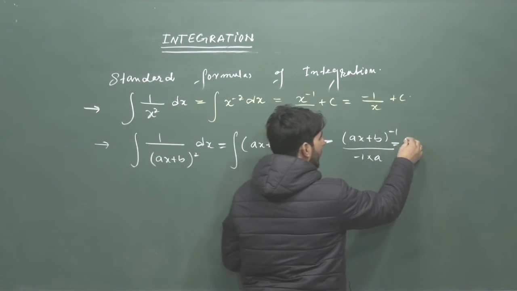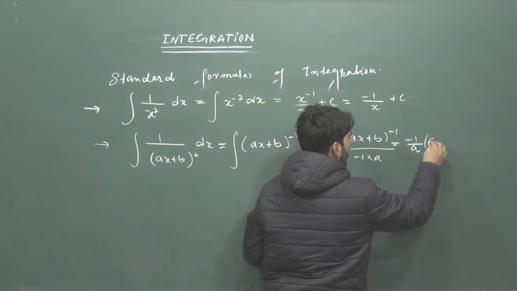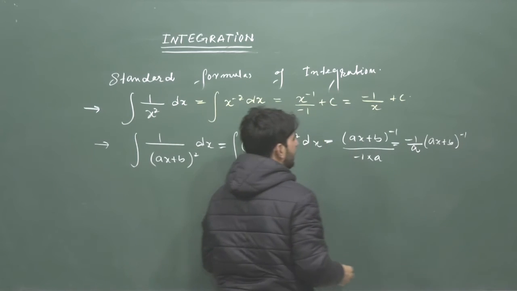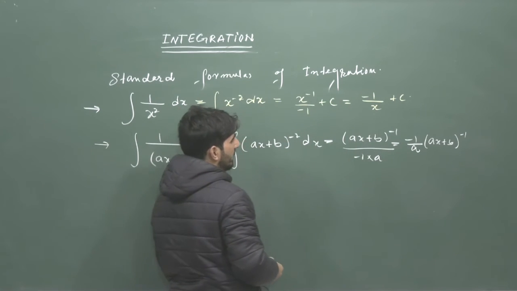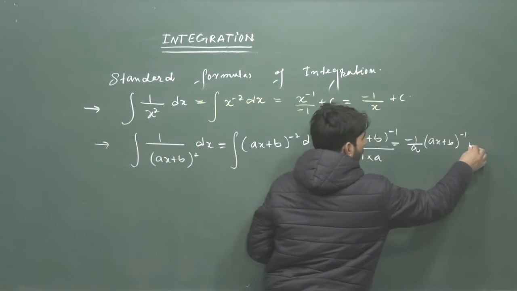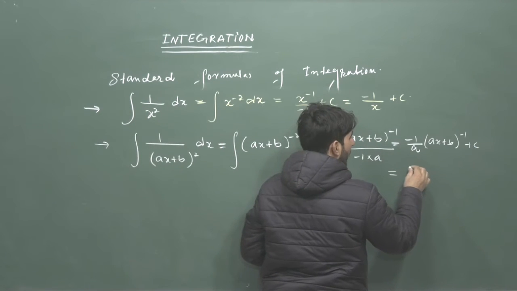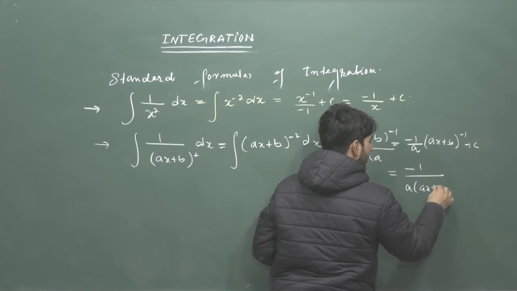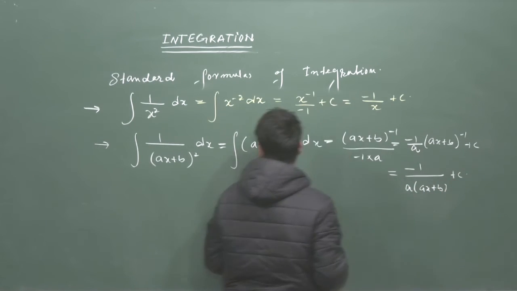The final result will be minus 1 by ax plus b raised to power minus 1, or we can say this is equal to minus 1 divided by a into ax plus b plus c.